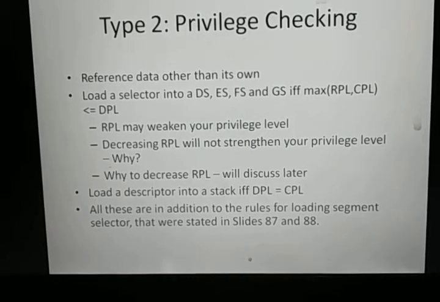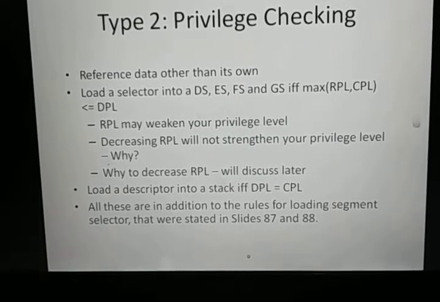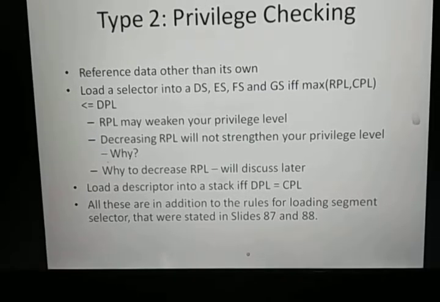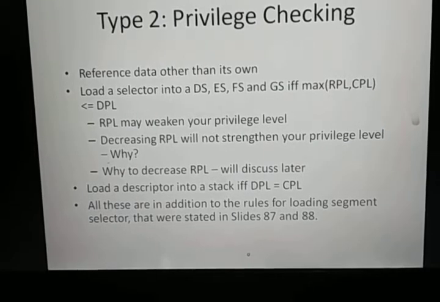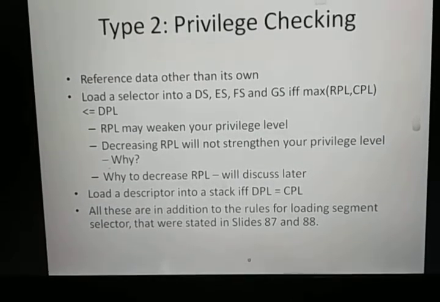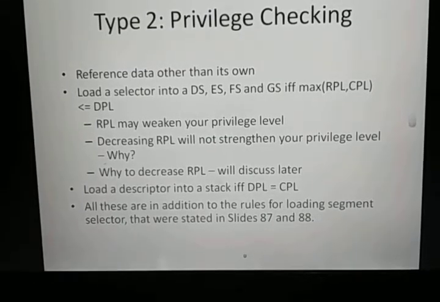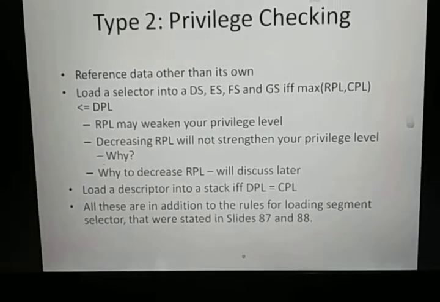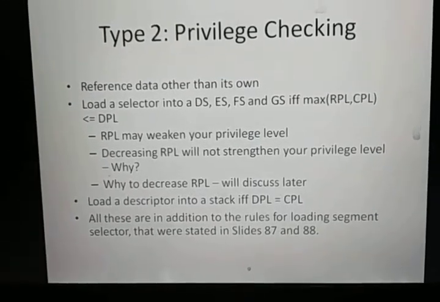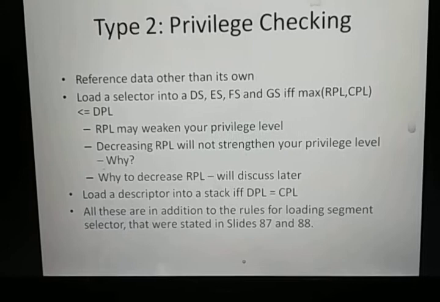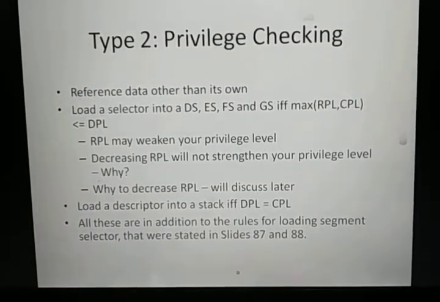CPL belongs to the current code segment, but the RPL field we can change by using a call gate. So if we change the RPL field and make the privilege level higher or equal to the descriptor privilege level, in that case we can access the data. All these are in addition to the rules for loading segment selectors that we stated in slides 87 and 88.